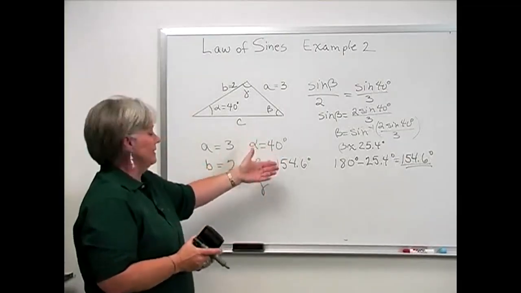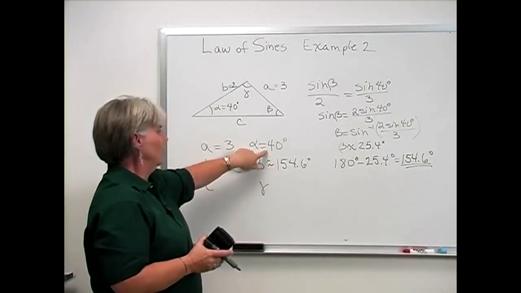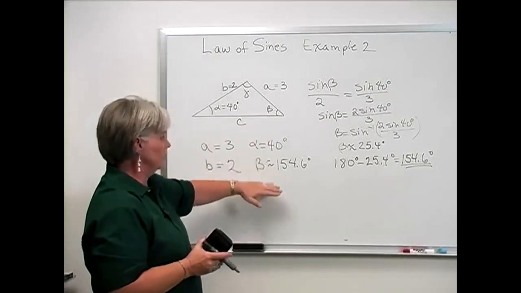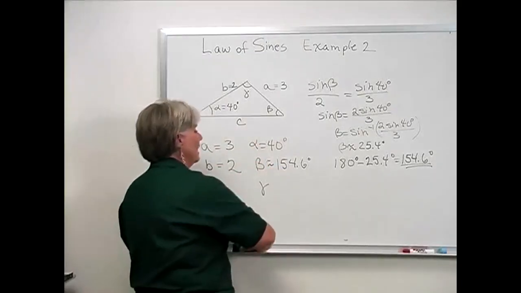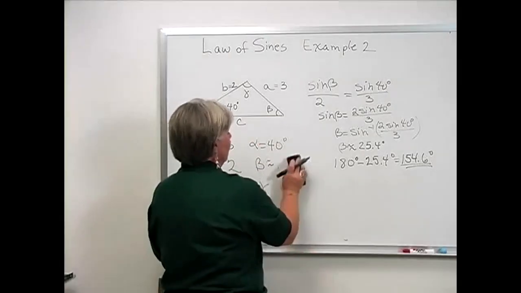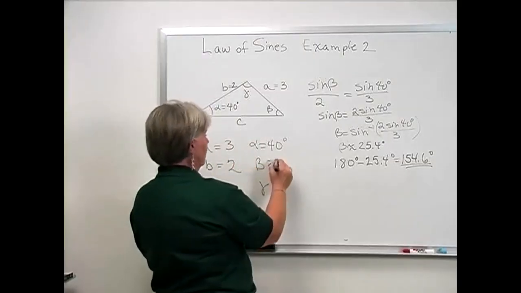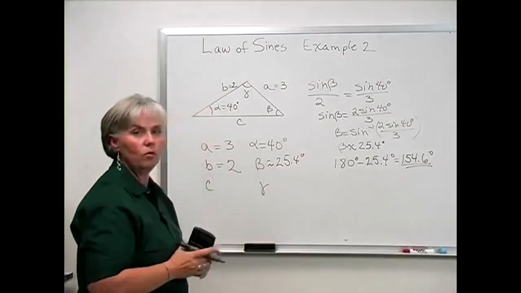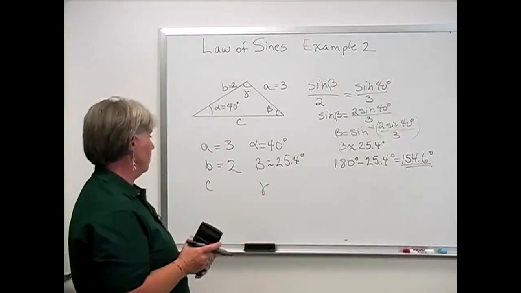But now I look and I see, oops, I've got 154.6 degrees plus 40 degrees, which is greater than 180 degrees, and the sum of all of them can only be 180 degrees. So we know that that is not going to be the case, and that the only value for beta in this particular set of data that we're given is 25.4 degrees. And so now we know we only have one triangle, and we're going to find the other two missing parts.